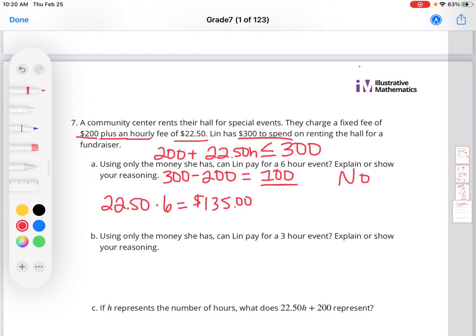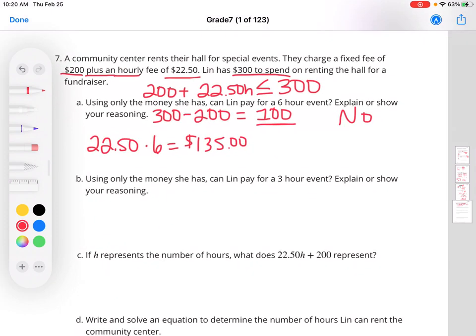On B, it says using only the money she has, can Lynn pay for a 3-hour event? So again, I could just multiply to see what 3 hours would cost. I know that 3 is half of 6, so I really only need half of the $135. So that means 3 hours would cost $67.50.